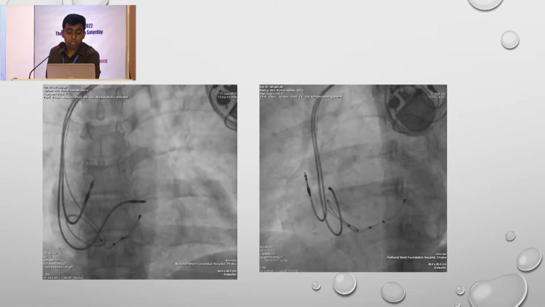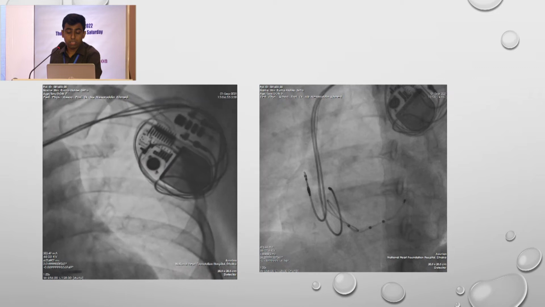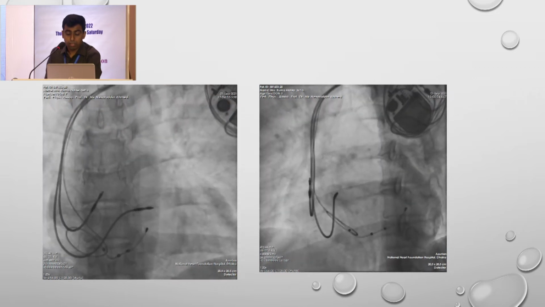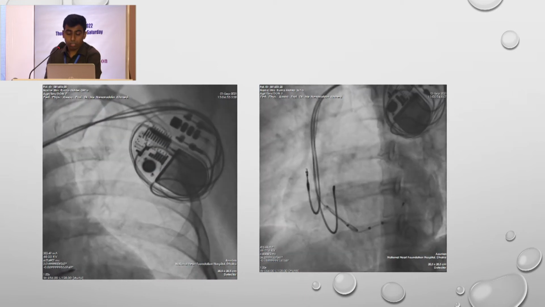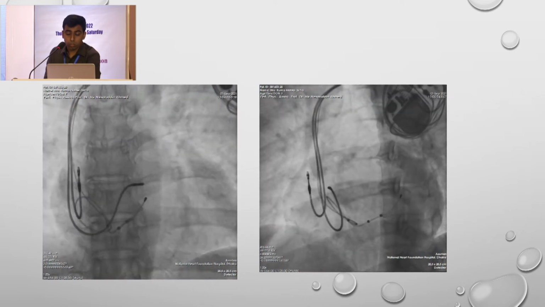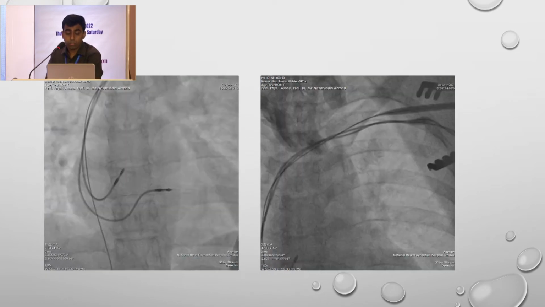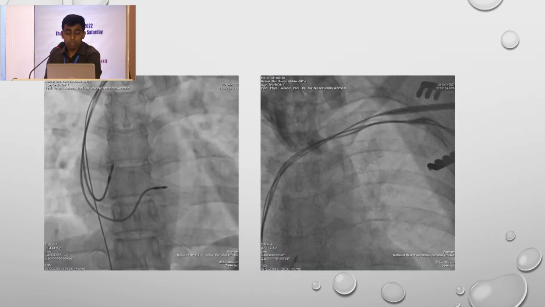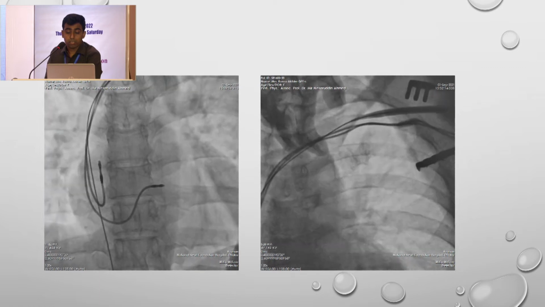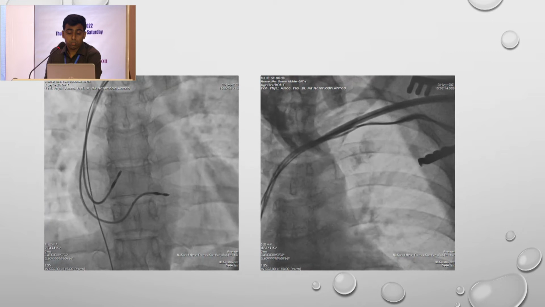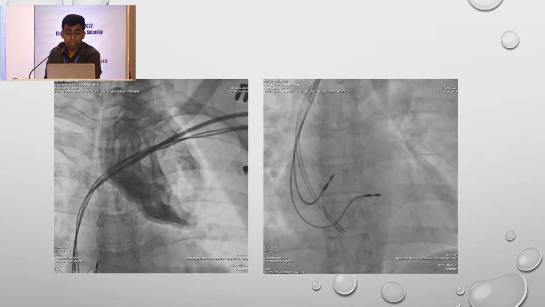So fluoroscopy was done, and that showed that the LV lead is dislodged and looped into the right atrium. So we planned for re-implantation, repositioning of the LV lead. The LV lead was removed, and we tried to put a CS sheath to cannulate the coronary sinus.